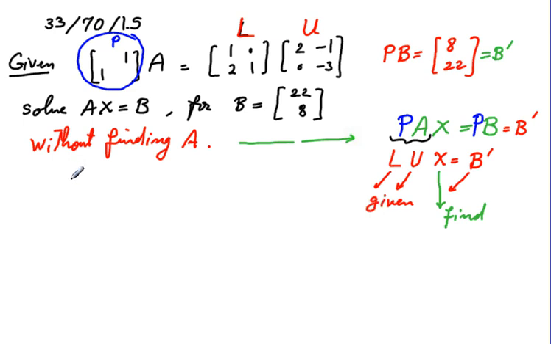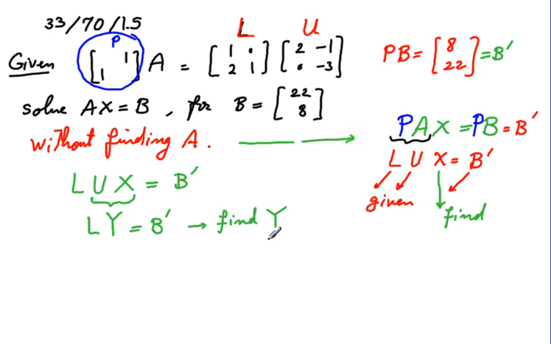How did we say we handle this thing? We say, okay, LU times unknown vector X is supposed to be my modified right-hand side. I go ahead and rename this portion, call it Y. Now I have L times Y is equal to B prime. The strategy is to handle this one first, and find Y. Next, come back and say, who is Y? Y was U times X.